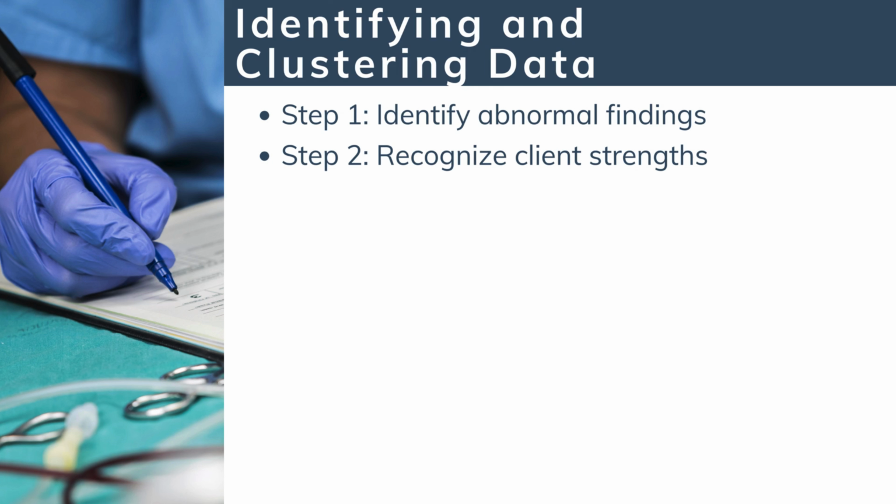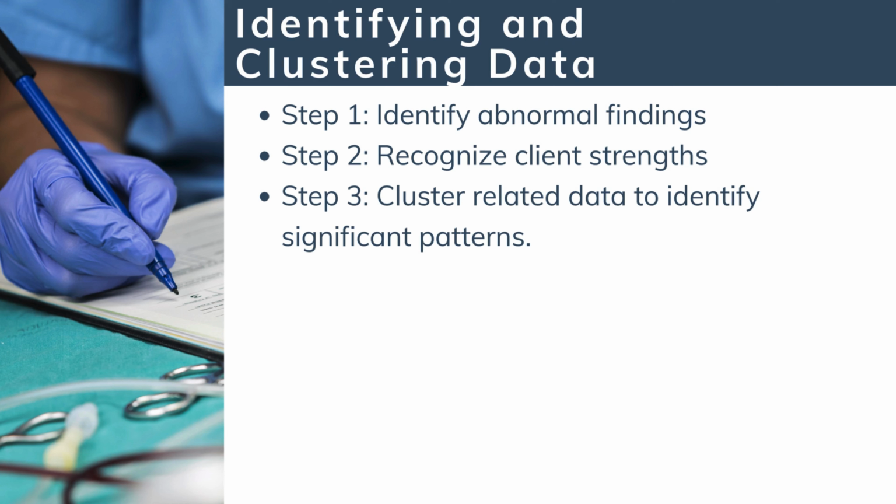For example, a patient experiencing anxiety actively seeks counseling and support groups, which is a positive step toward mental well-being. Step 3. Cluster related data. For example, a combination of confusion, memory loss, and difficulty performing daily tasks may indicate early cognitive impairment or dementia.